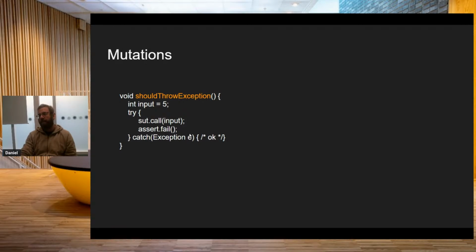Makes sense? It's the same thing as assert exception, right? So the first implementation is like this. If I is bigger than 4, then it throws an exception. We create a mutant of that by replacing this one with less than.